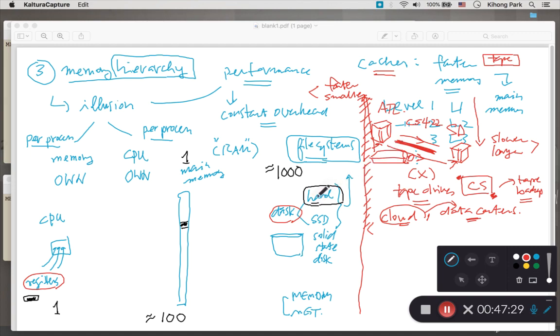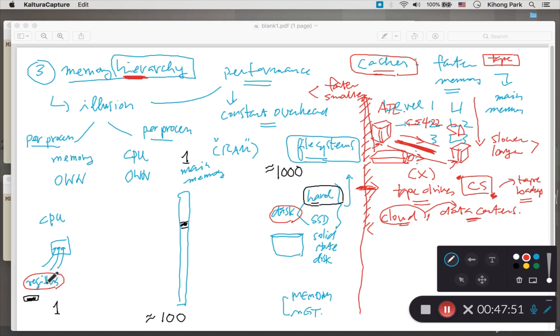Anyhow, going back to here, the buck will stop at disk. We are not going to go into this domain at all. It's not the purview of the OS. We are going to stop at the disk. But we are going to take the viewpoint that it's a hierarchy of caches.